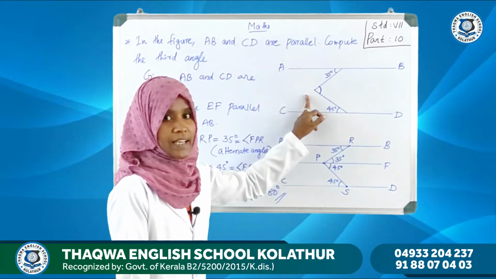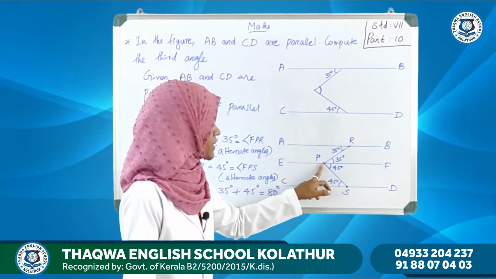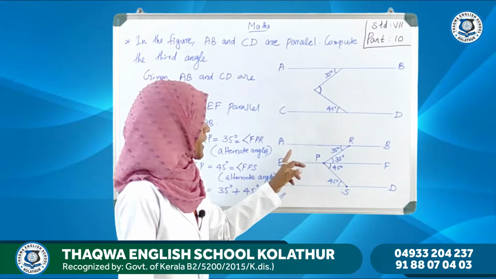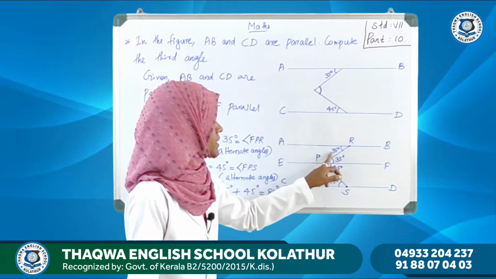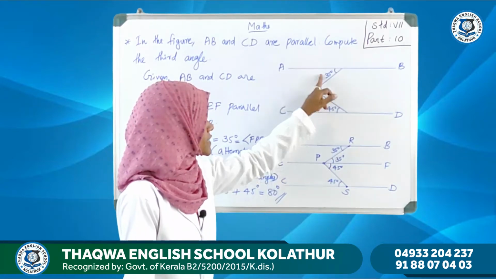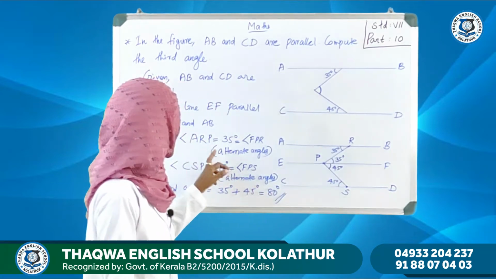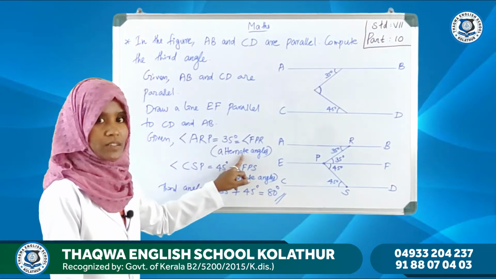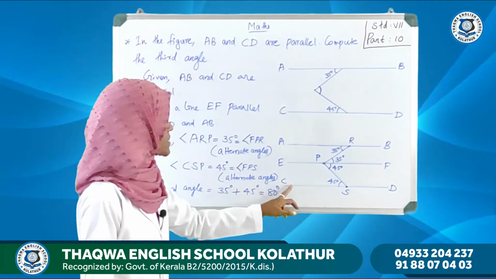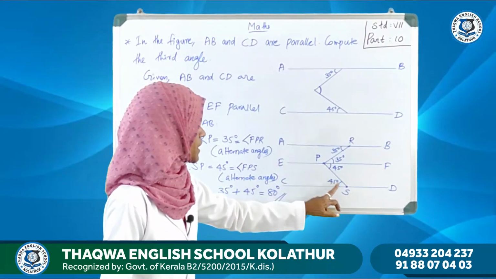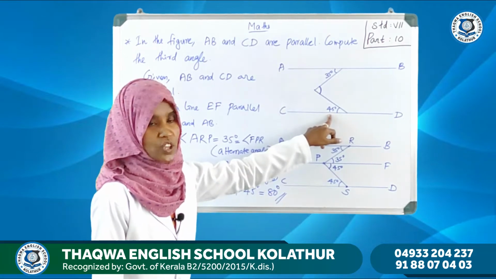First we draw a line parallel to the lines CD and AB. Then mark the point P. Next, angle ARP or PRA is 35 degree, that is given. So angle FPR is also 35 degree. They are alternate angles. The second case, angle CSP or PSC 45 degree is given in the question.